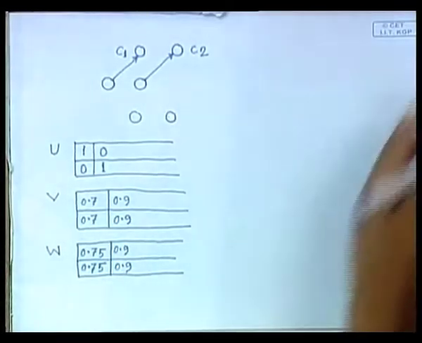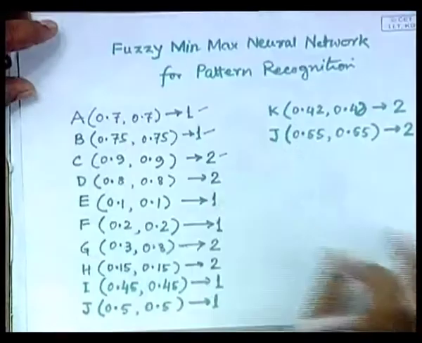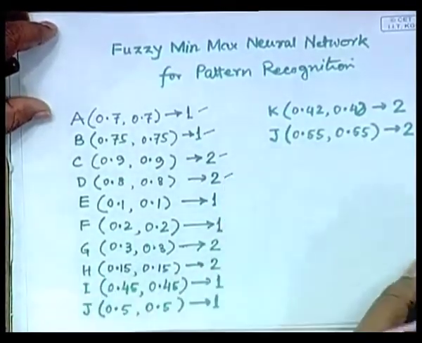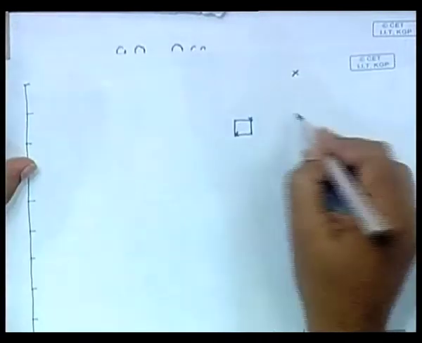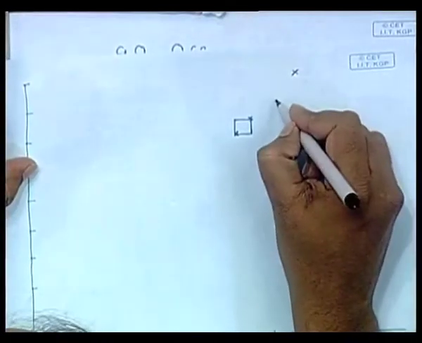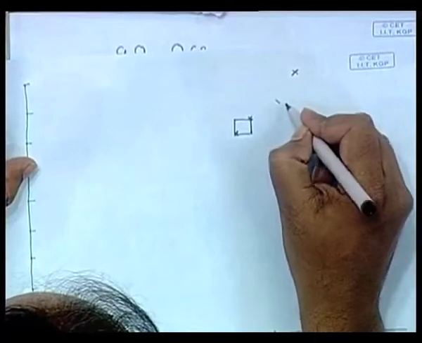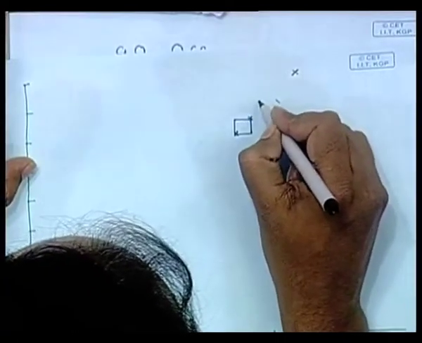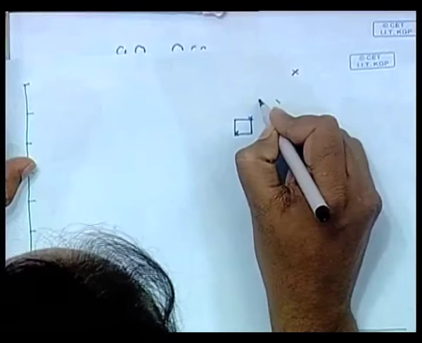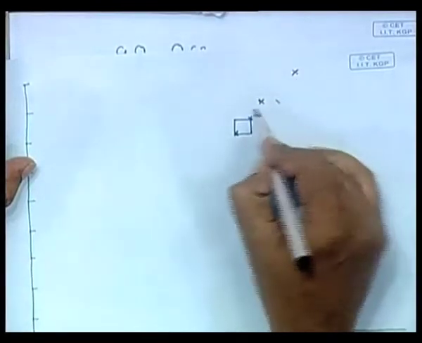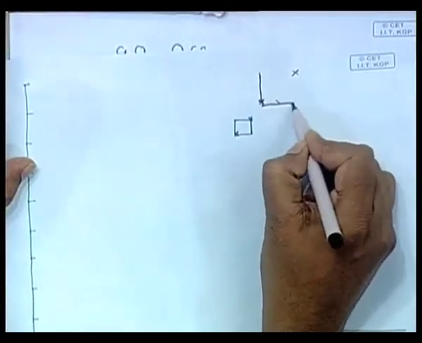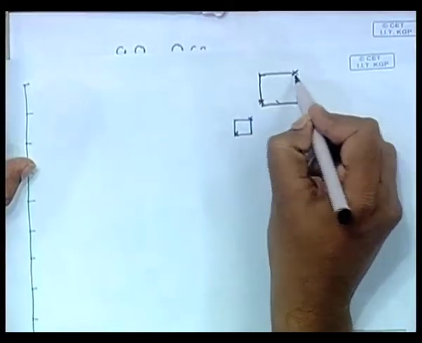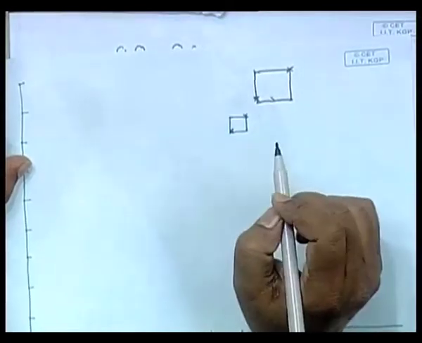Then I take the next point, (0.8, 0.8), which also belongs to class C2. Assuming the hyperbox can be expanded to include this point, I expand it.